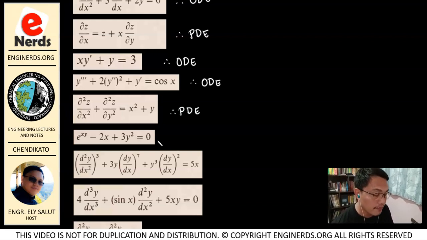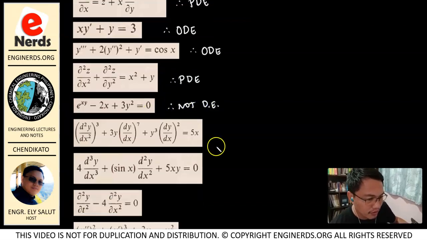As we said, a differential equation has derivatives inside. In here, as you can see, we do not have a derivative. We do not have y prime. So, that means this is not a differential equation.